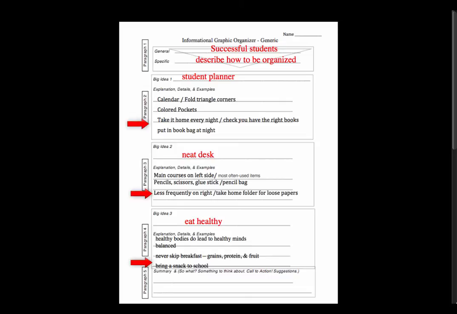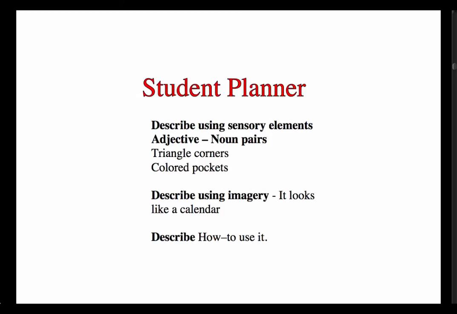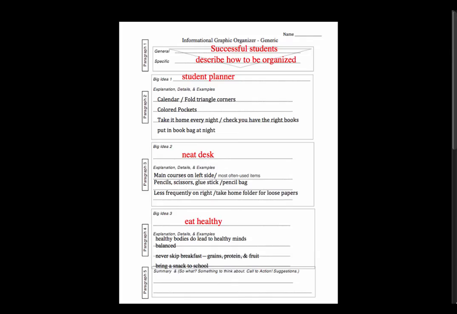Do your big ideas describe how to be organized? Do you use adjectives and sensory details underneath your big ideas? Do you give characteristics or qualities? Were you able to use imagery or word pictures? Improve your graphic organizer before you write your first draft.